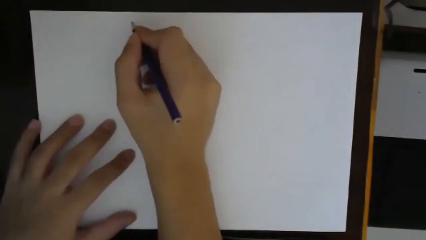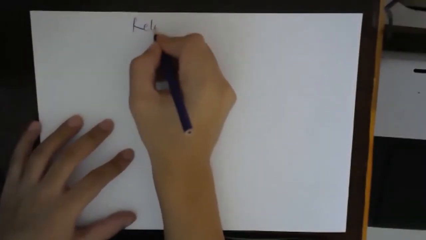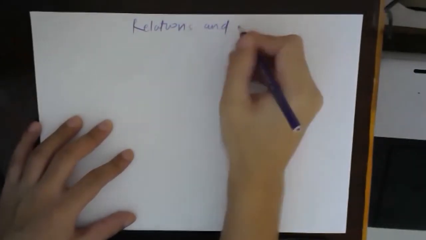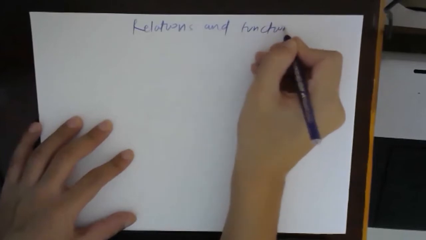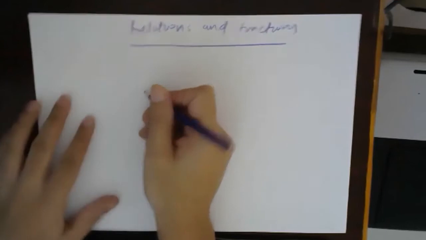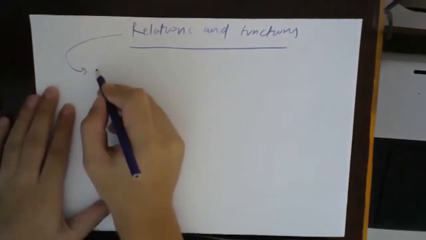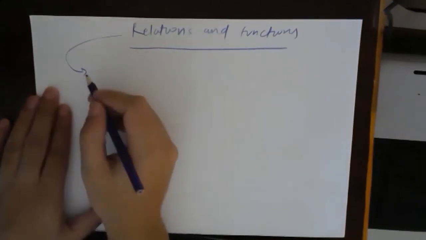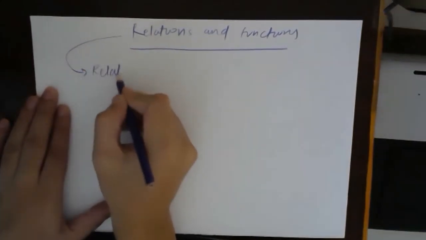So I'll just write down the heading first. Relations and functions. In this chapter, the way we will progress is, first we will look at relations. What really are relations?